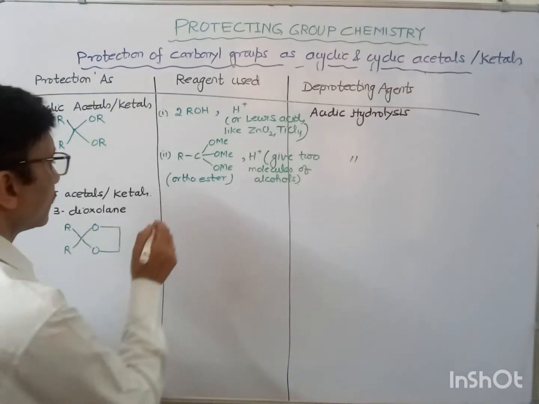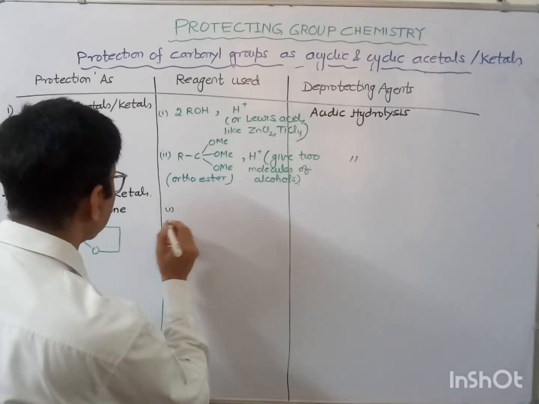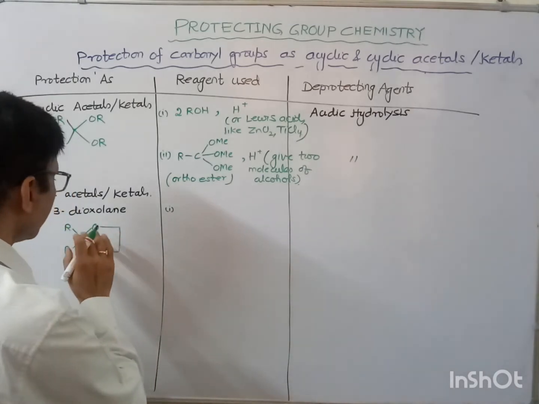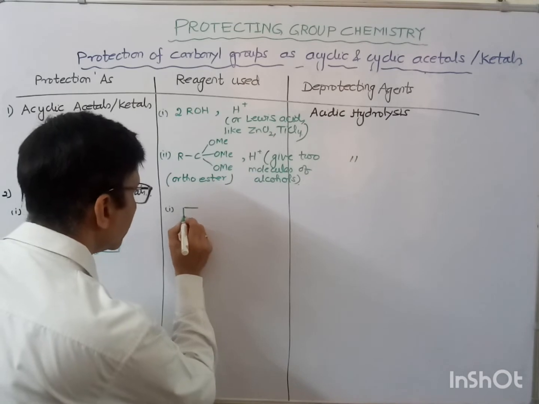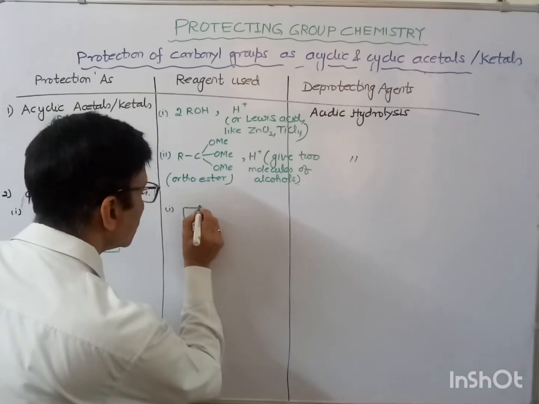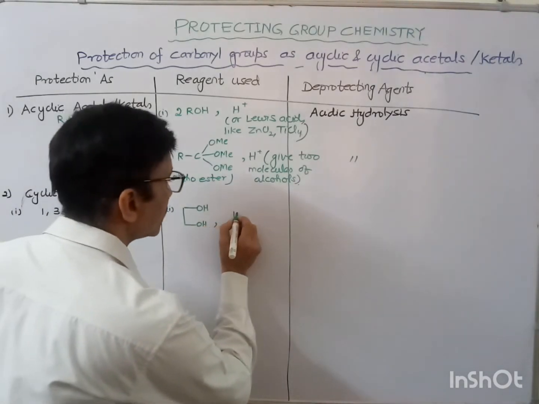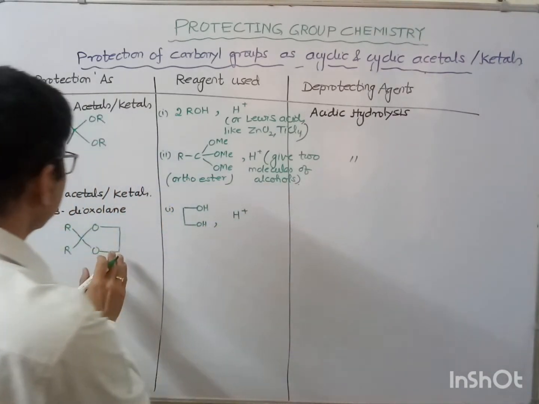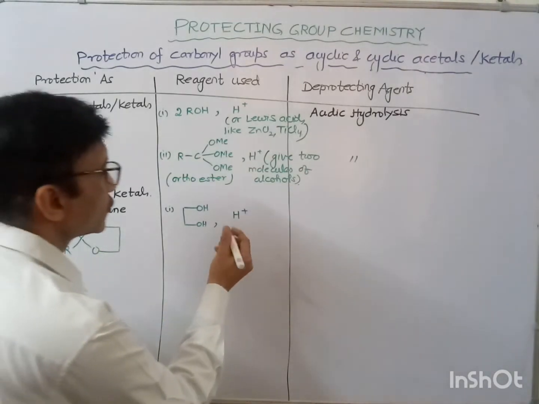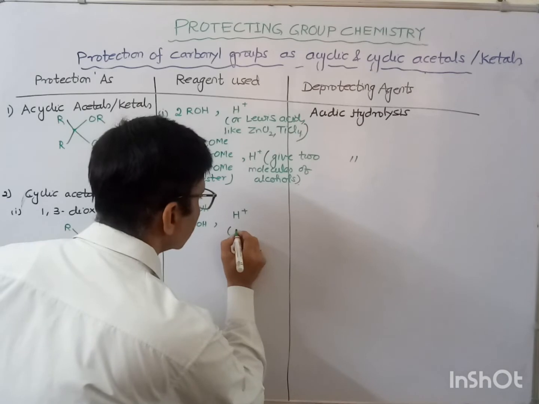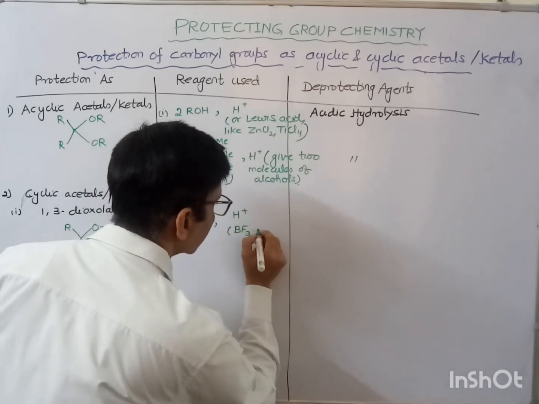By reacting the carbonyl compound with any diol in presence of some acid catalyst, this will give you this 1,3-dioxolane. Or some Lewis acid catalyst, BF3 boron trifluoride etherate, can also be used.